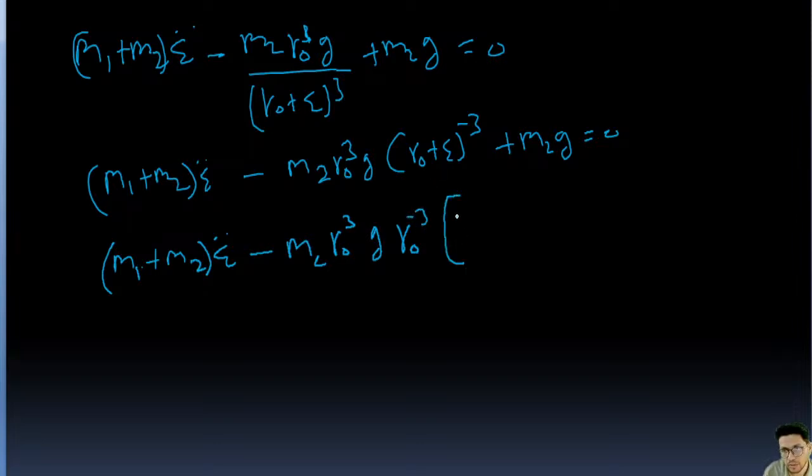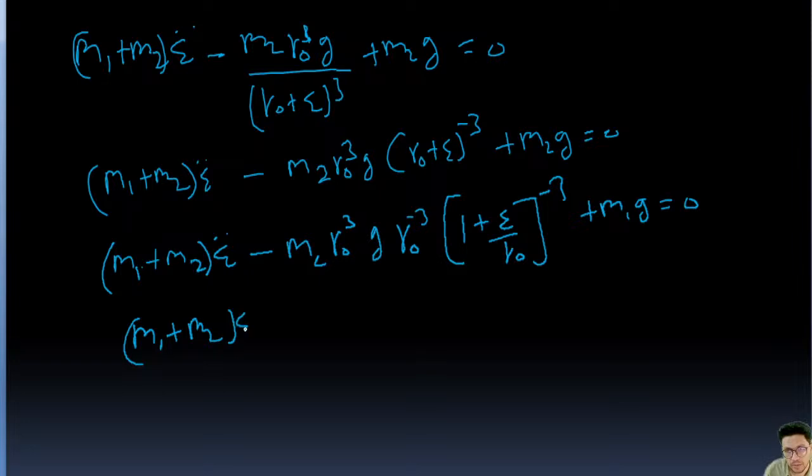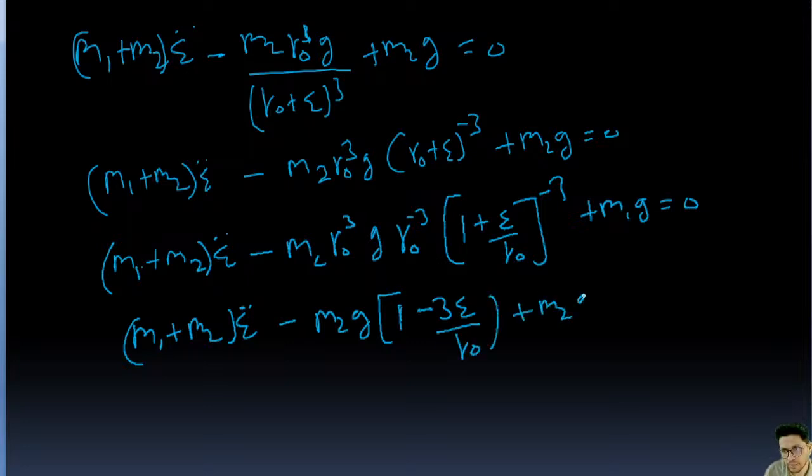So this is going to be 1 plus epsilon upon r naught, to the power minus 3, since r naught is much greater than epsilon, plus m2g equal to 0. The r naught to the power minus 3 gets cancelled with r naught cube, so this is going to be m1 plus m2 epsilon double dot minus m2g, and this we will open only up to two terms: 1 minus 3 epsilon upon r naught, plus m2g equal to 0.